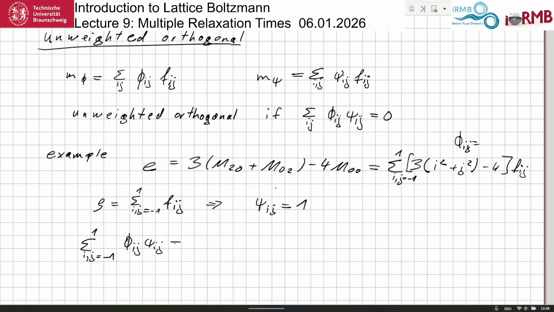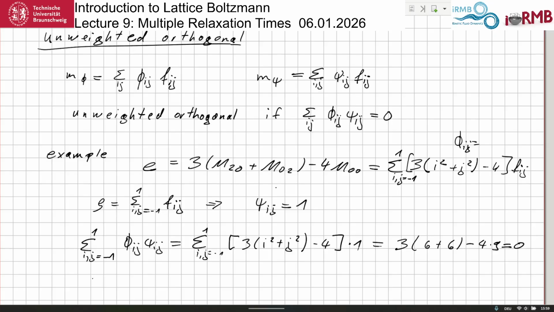I was a little lazy using the simple example, but see the following. We can put here 3 times i squared plus j squared minus 4. We multiply this by 1, because the other one is just 1, and then we sum this up and get 3 times 6 plus 6 minus 4 times 9, and this gives us 0. So this is how we know it's orthogonal.